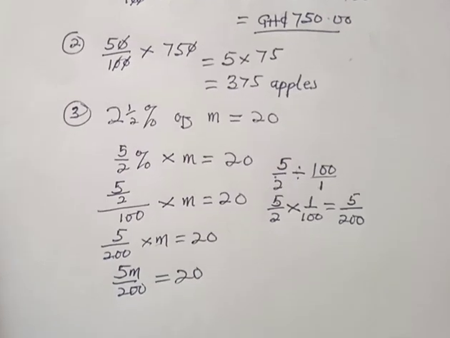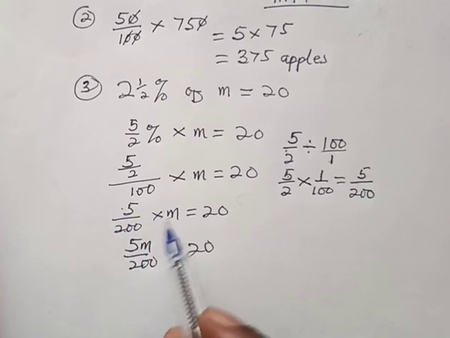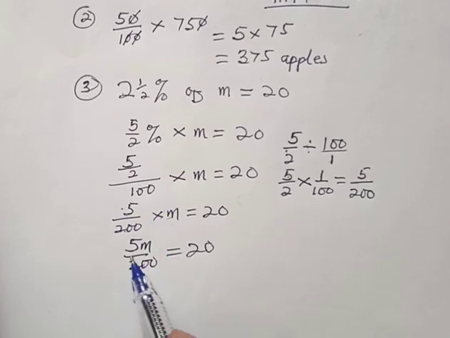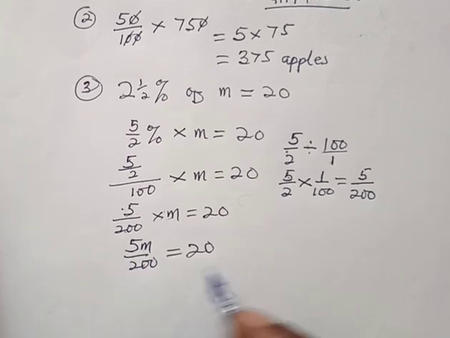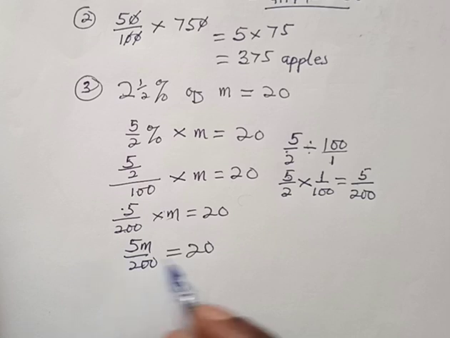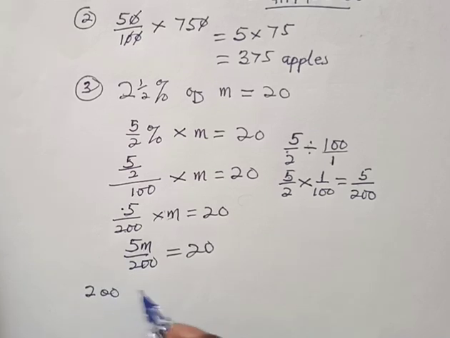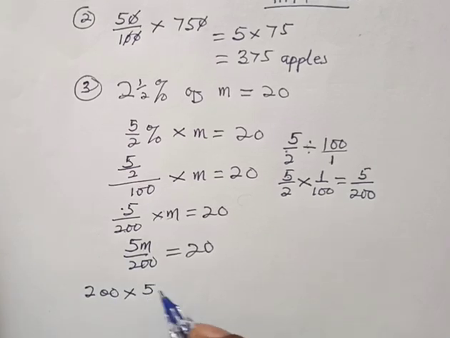And after that, since we have this 5m all divided by 200, we just find LCM and multiply through. So we can multiply through by what? 200, because this is a fraction and its denominator. So I will just multiply 200 throughout.